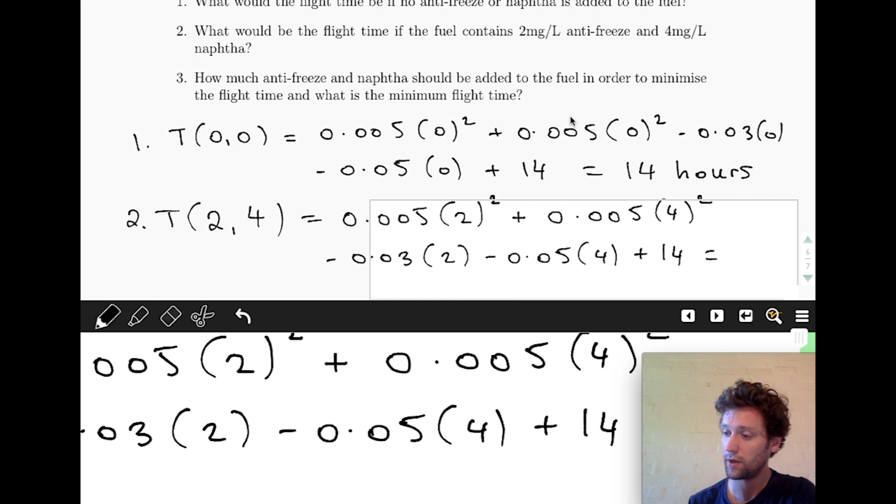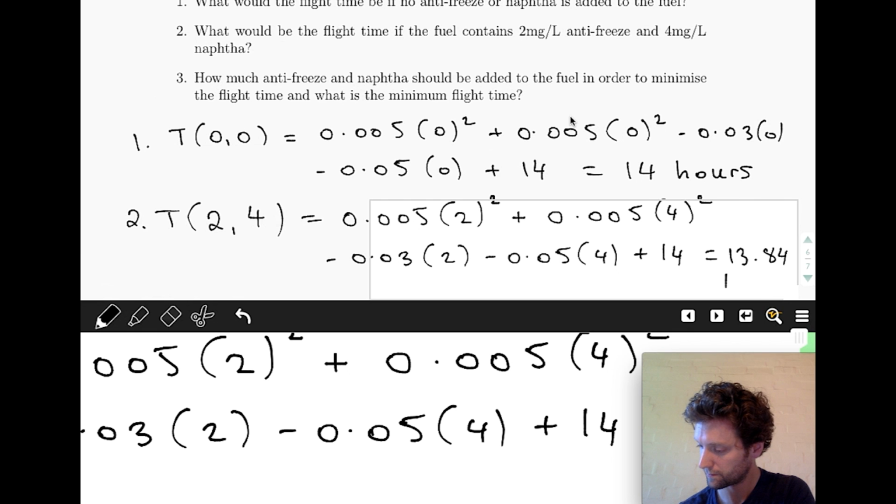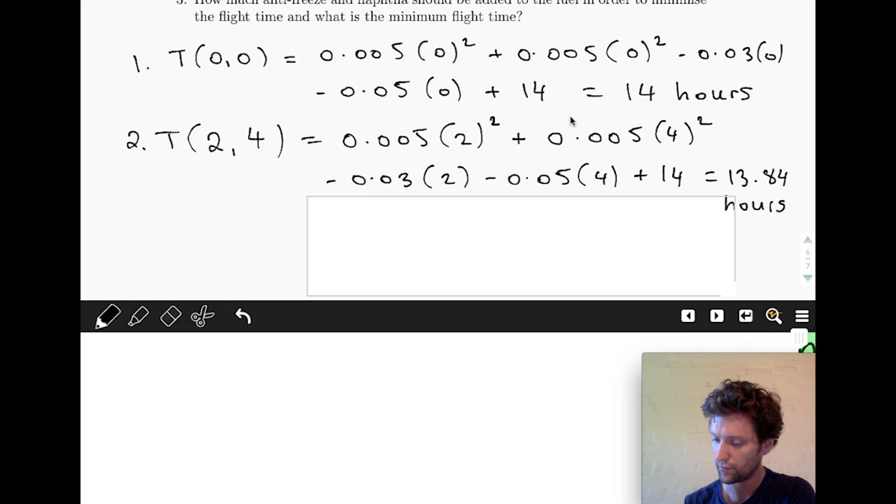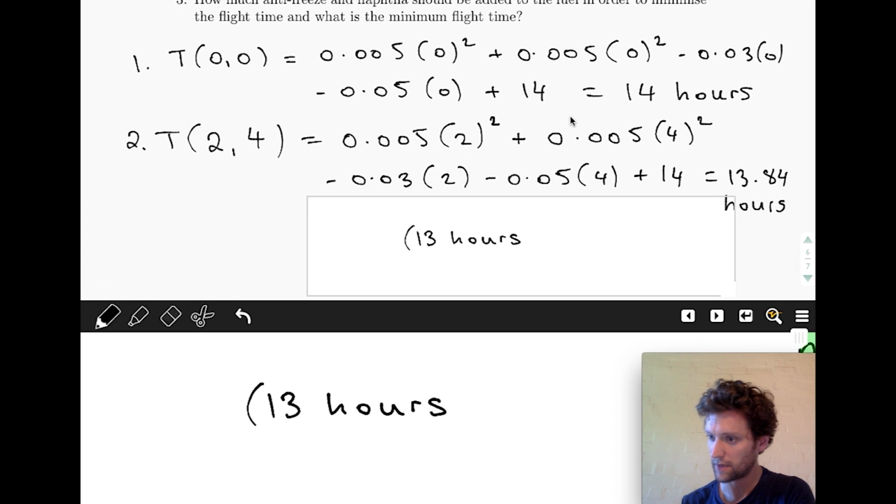Sticking all that into your calculator, you end up with 13.84 hours, or roughly 13 hours and 50 minutes and 24 seconds.